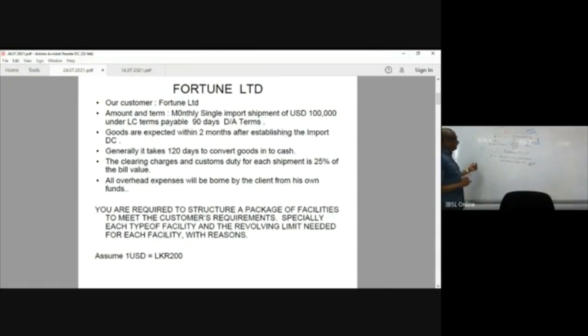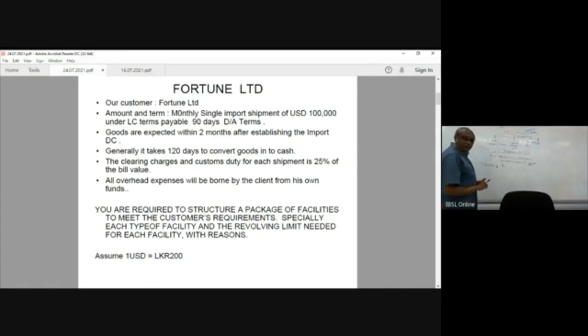Now, the second facility we need is facility 2: acceptance of import bills.